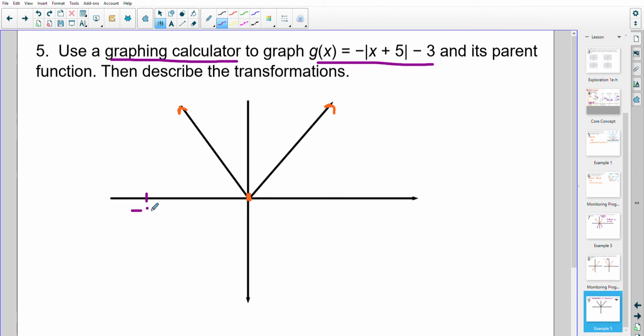So this would be -5, and then it's going to be 3 down. So this point is going to be at -3. And the last thing we know is it's going to be a reflection, and it's going to be reflecting down. So it looks something like this. And notice that I'm putting numbers in to show where the vertex of that absolute value is.